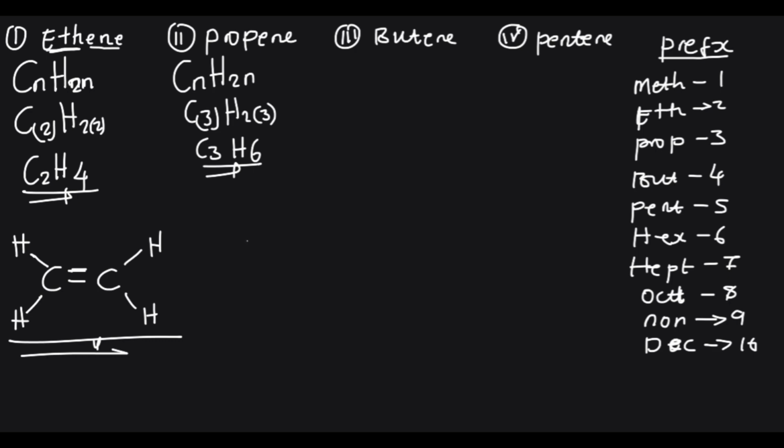Now let's look at the structural formula. We first write the 3 carbons that we have. Now, since we have not been given the position of the double bond, we can put it anywhere. So if we want, we can put it here, or we can put the double bond here, since the number is not given.